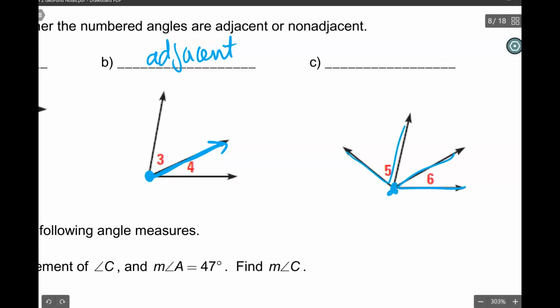So although they share a common endpoint, they don't have a common side. So these are non-adjacent. So let me illustrate that a little better for you. This is angle 5. This is angle 6. Although they have the same endpoint, they do not share a common side. So they are non-adjacent. That just means they are not adjacent.